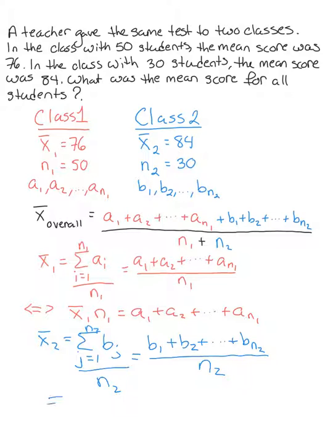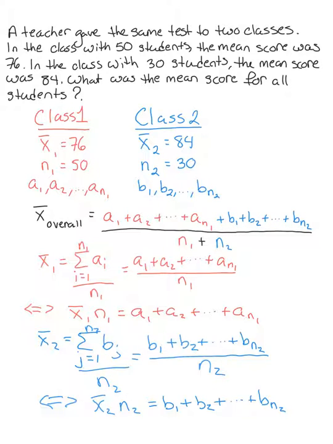Now if we multiply both sides of this equation by N2, this will give us the following: x2 bar times N2 is equal to B1 plus B2 plus dot dot dot up to BN2. So now we're given the sum of all of the student scores in the second class, which is equal just to the mean of that class multiplied by the number of students in that class. So now we have this part of our equation.